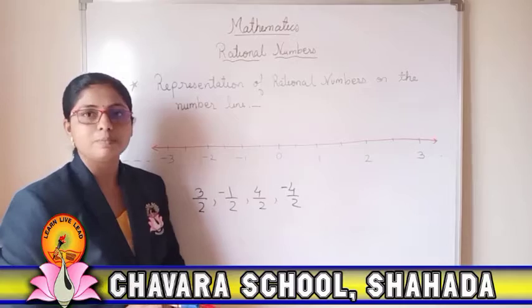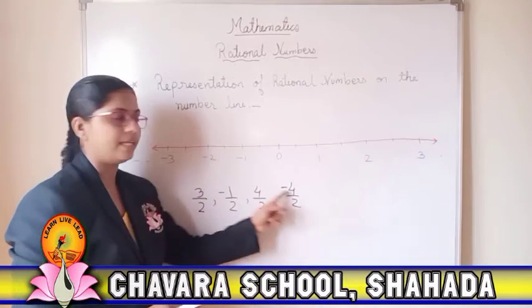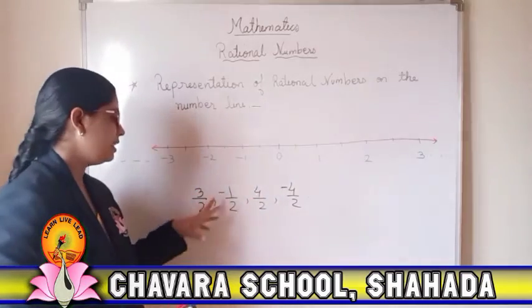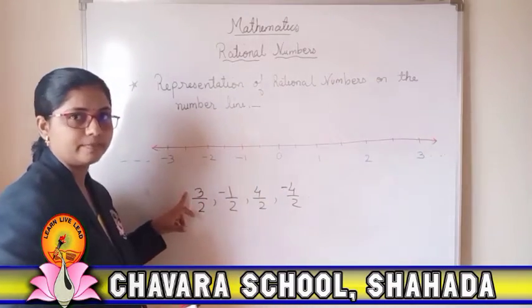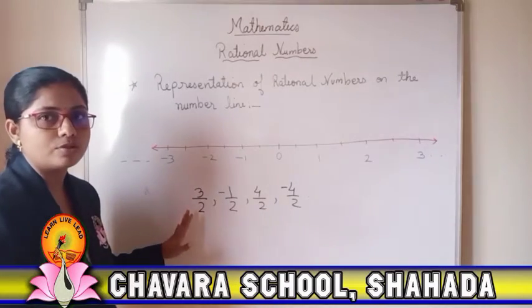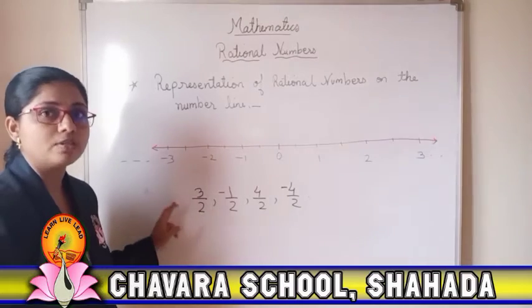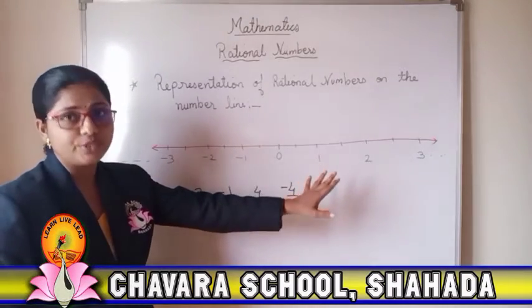Now the next point is, you have to just see the numerators. Now in the numerator, the first number is 3. So 3, and you have to see the sign is positive. There is no negative sign. So it is a positive number. So on the positive side we have to count up to 3.